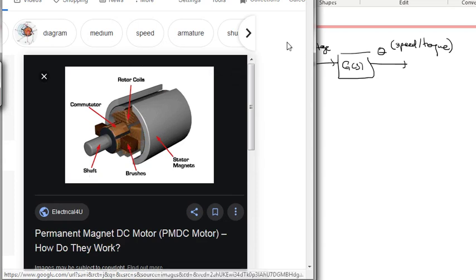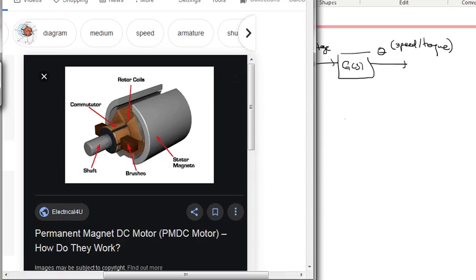The stator on the outer part provides a magnetic field, and the rotor in the middle has an electrical current that goes through the coils, creating its own magnetic field. The interaction between the magnetic fields of the rotor and the stator creates a force that creates this rotation. The brushes are the part connected to our power supply. We supply a voltage to the brushes, so the current circulates in the rotor coils, creates a magnetic field that interacts with the magnetic field of the stator, and then creates the rotation.